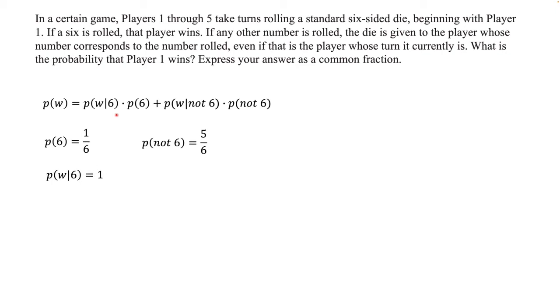Now, let's talk about this guy. And that's where the subtle point sits. So probability of win if we throw not 6. What we need to think here is: is there any advantage for the first player in this particular case?